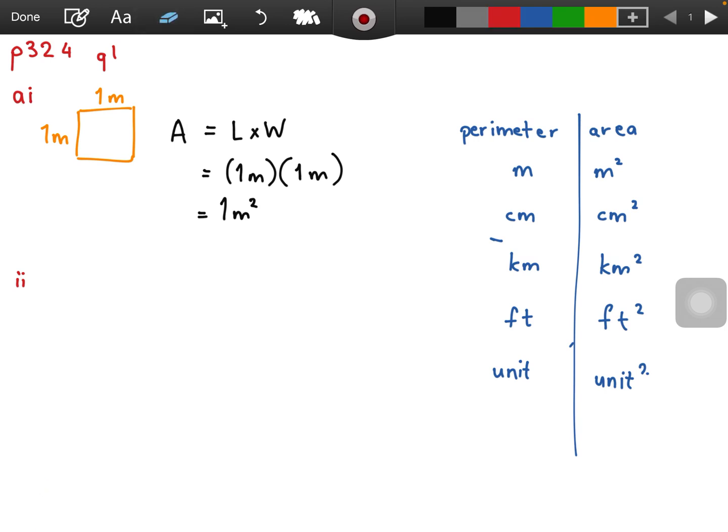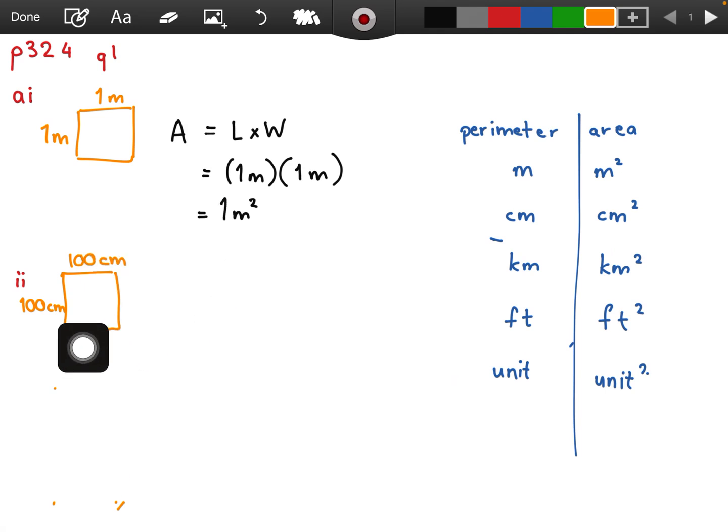Then part 2 says, find the area in centimeters squared of a square of side 100 centimeters. So what do we notice about the square whose sides are 100 centimeters versus the square whose sides are 1 meter?